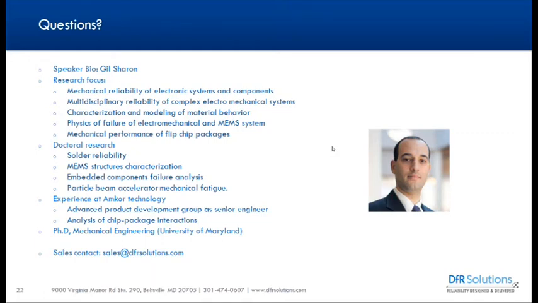Another thing is making sure the TG, the glass transition temperature of your underfill, is nowhere close to your operating conditions. If you're going from 25 to 65 and your TG is somewhere in the 90s or 100, you're fine. But if you're going all the way up to 85 and you have a TG in the 90s, that's a problem, because the TG effects of underfill are well known, where it'll basically rip components right off.